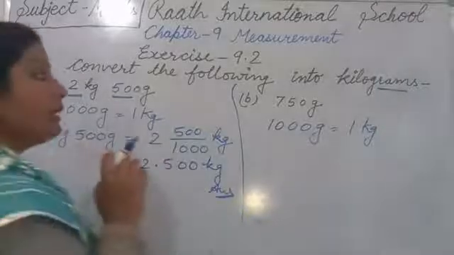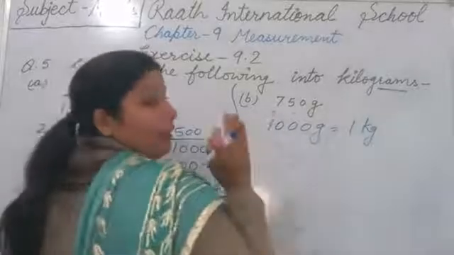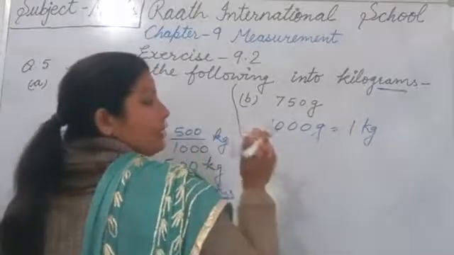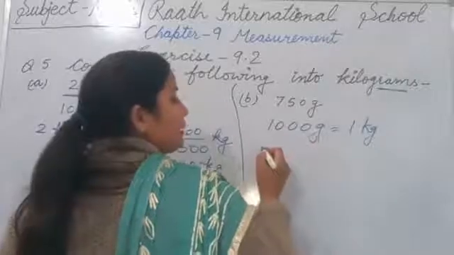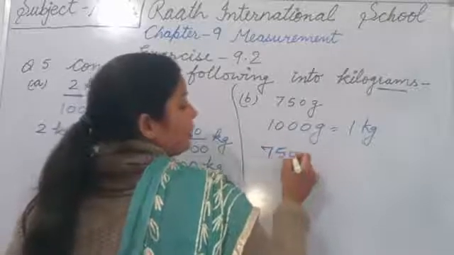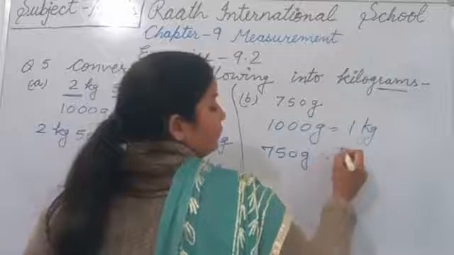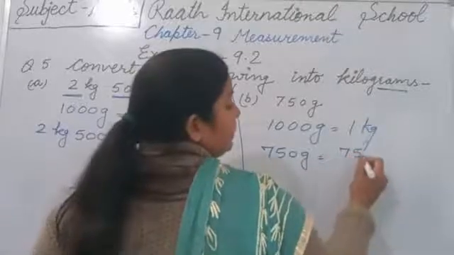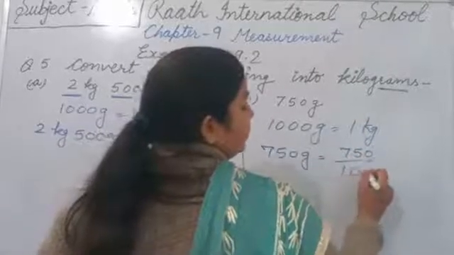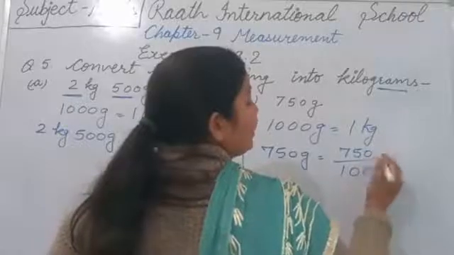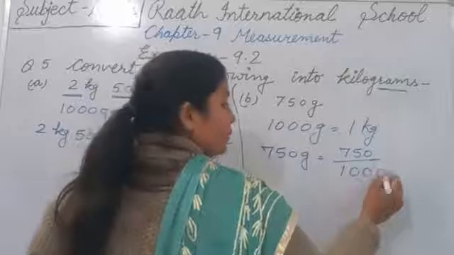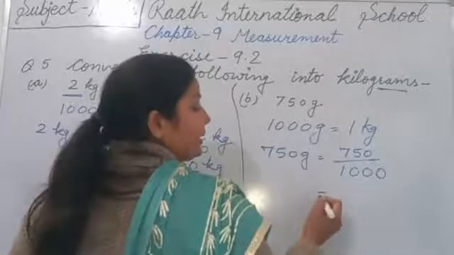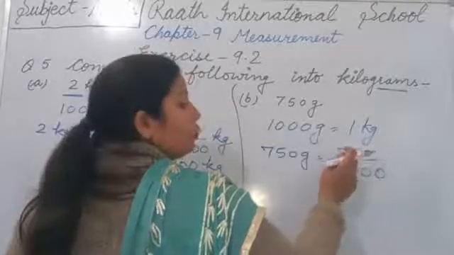Okay. But in B part we don't have kg. Only gram is there. So we will do divide. 1000 gram equals to 1 kg. 750 gram equals to 750 divided by 1000. So when we do divided by 1000, so we take 3 decimal place. Okay. There is 1000. So when we take 3 decimal place, so 1, 2, 3.